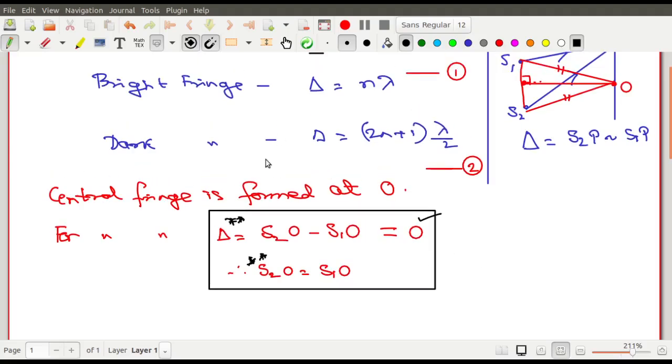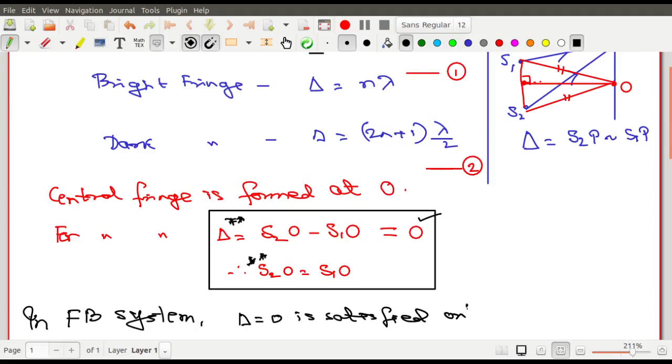In the Fresnel biprism system, delta equals to 0 is satisfied only by equation 1. Got the point?